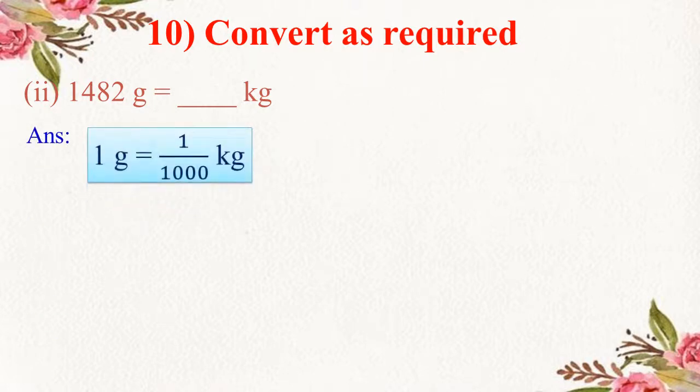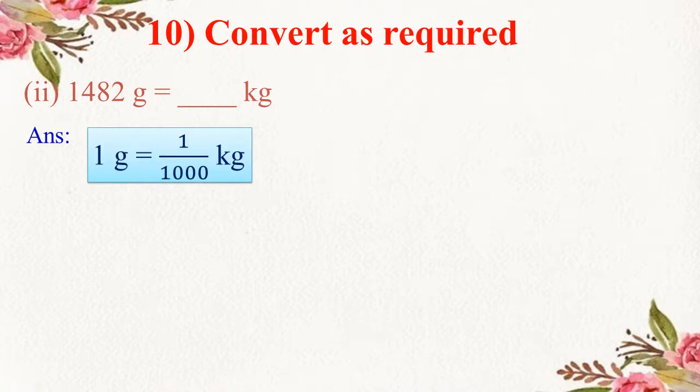10th problem, convert as required. The second problem, 1482 gram equal to dash kilogram. Here, for converting smaller unit to bigger unit, we can divide. So that is 1 gram equal to 1 by 1000 kilogram.